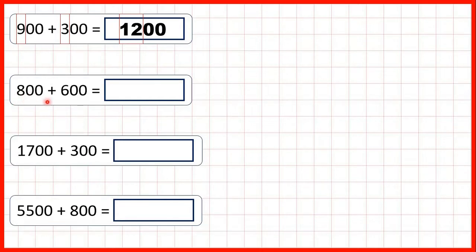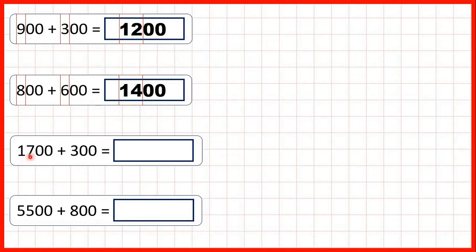Now 800 plus 600. We know that 8 plus 6 is 14, and that means that 800 plus 600 is 1,400. Again, the 2 zeros on the end stay the same in our answer.